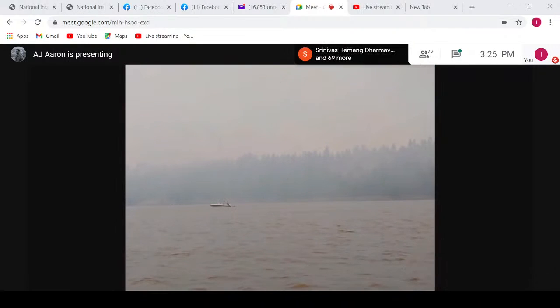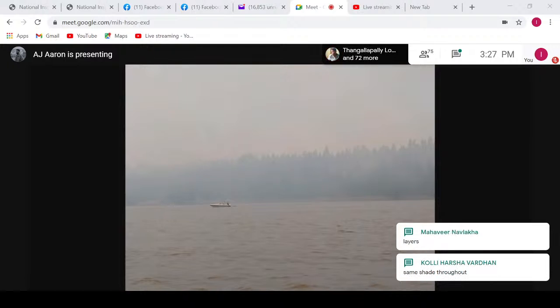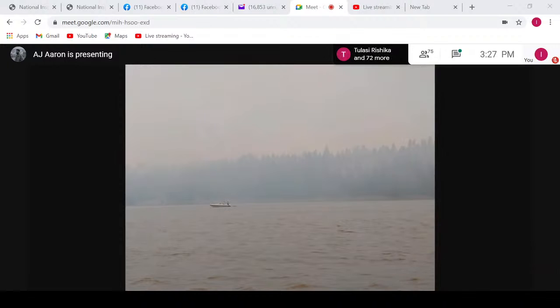Okay, now let's talk about this. What do you think are the composition rules that this image has? Same shade throughout, layers.